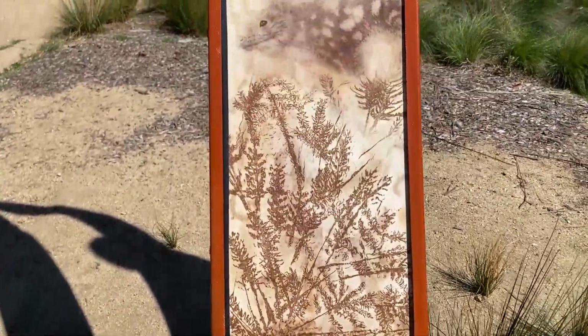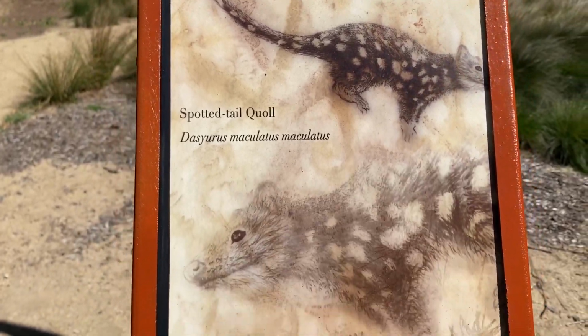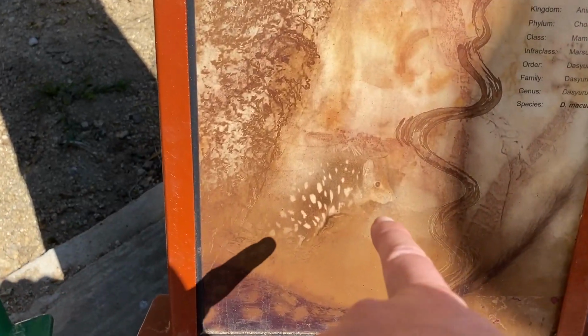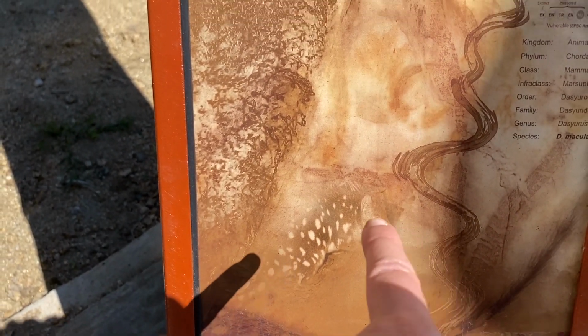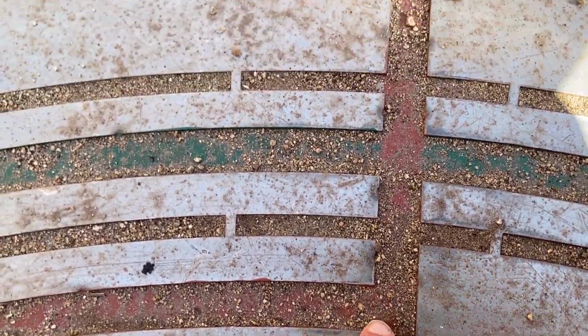Here we can see a fantastic scientific illustration by Marley Moyer of the spotted quoll, and a wonderful photograph by Steve Parrish. So this is telling me that at this point in deep time I share a common ancestry with the quoll.